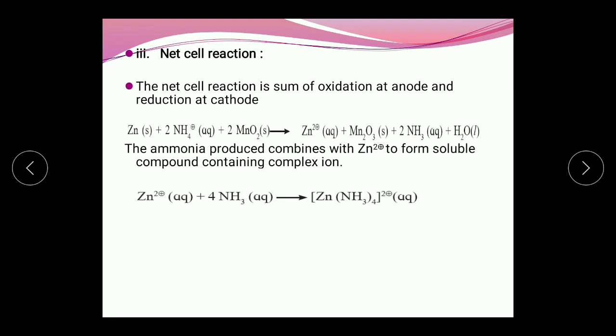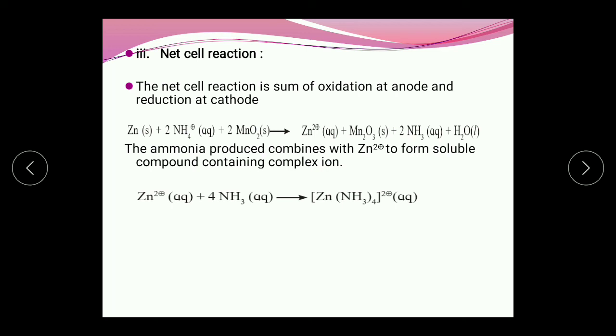In the exam, a question like write construction and working of dry cell can be asked. At that time, you have to draw a figure and describe it. A figure with correct labels will give you marks. Labels are definitely needed. In cell reactions, as I told you, you have to give complete reactions.